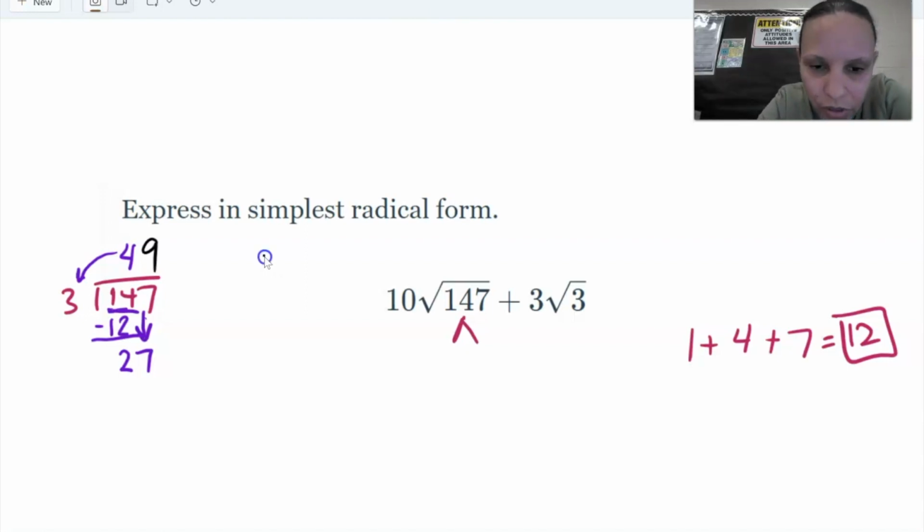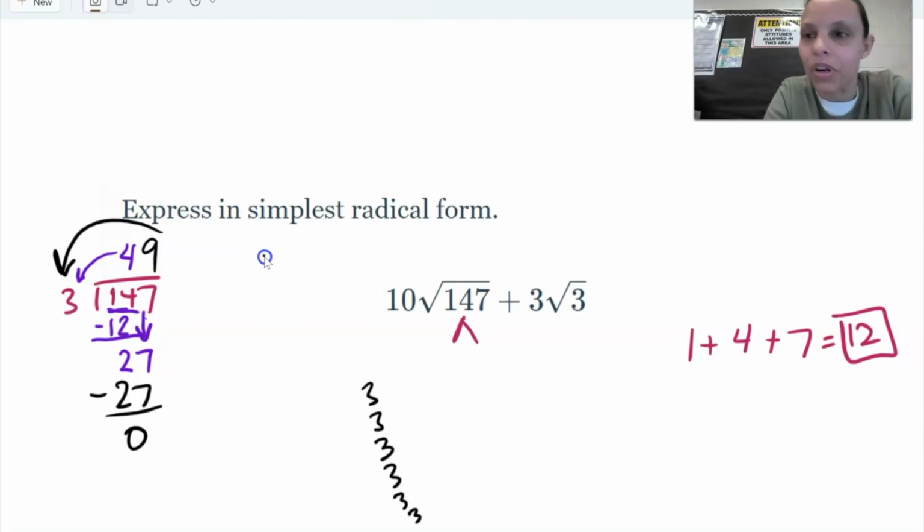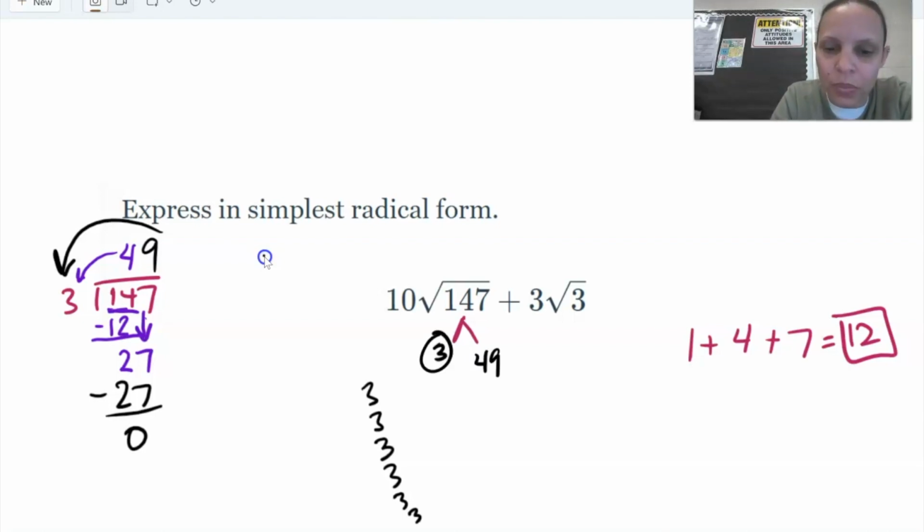If you don't know that, you can keep adding until you get to what you need. Divide, multiply, subtract, bring it down. There's nothing to bring down, and we're at 0, so we're done. 3 goes into 147 49 times.